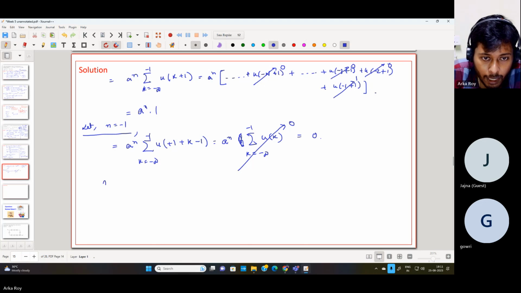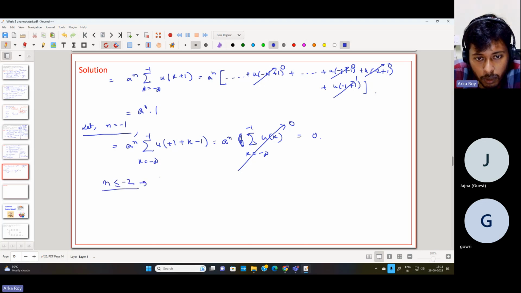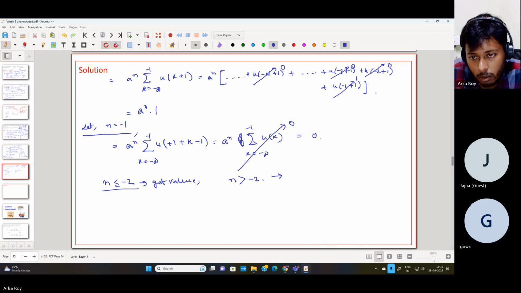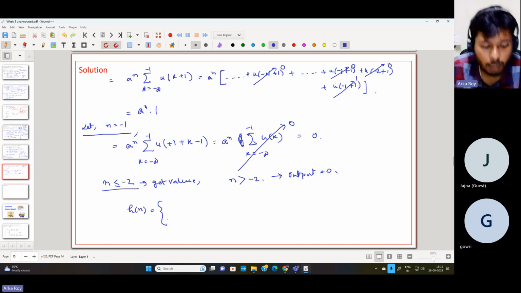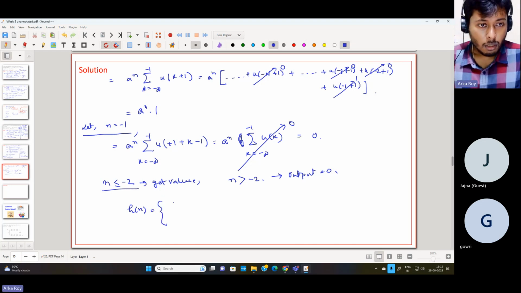So from minus 2 onwards, we can get values. However, for n greater than minus 2, the output will be 0. So therefore, I can write the sequence as h of n. I will get some value over here.